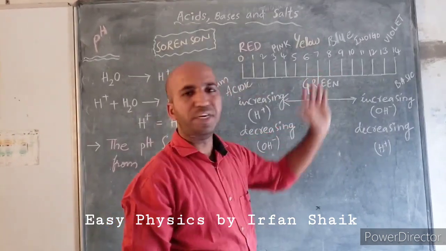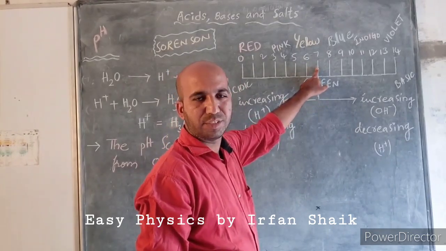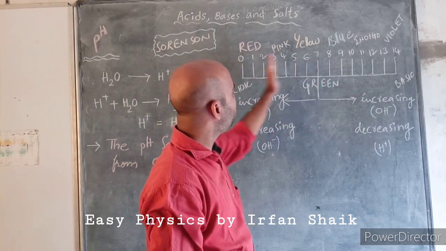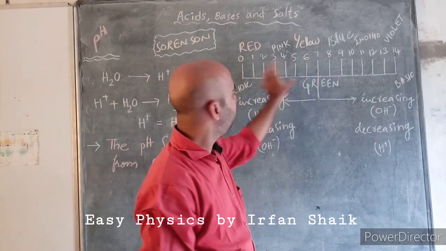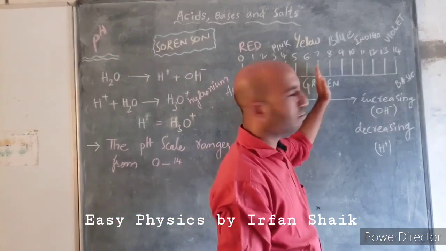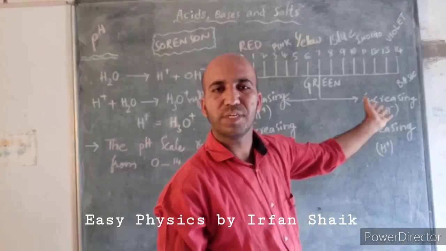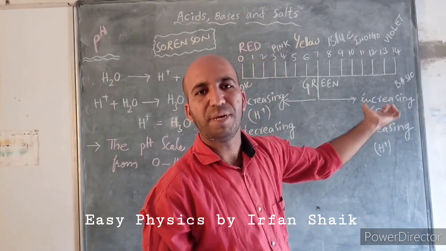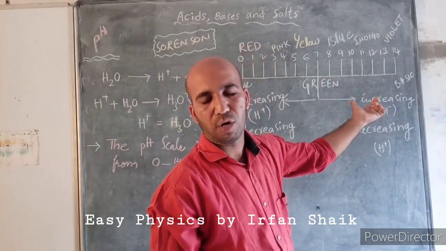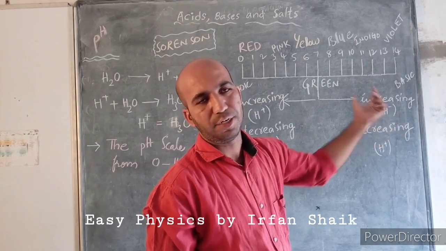In these 14 divisions, the middle one is 7. This 7 indicates neutral, and values from 0 to less than 7 indicate acidic nature, and values greater than 7 up to 14 indicate basic nature, which is also called alkaline nature.